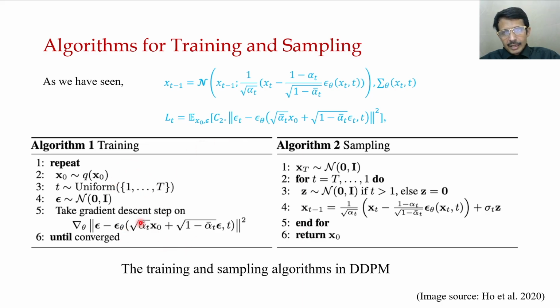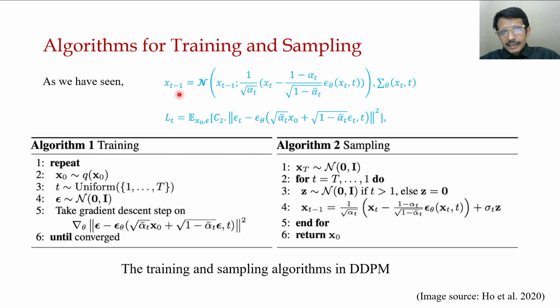This is the training. And what is the sampling? In sampling, xT is drawn from N of 0 comma I. Now this is the noisiest version. Then for t equal to T down to 1, reversing, and z is the Gaussian noise, z is N of 0 comma I if t is greater than 1, else z is equal to 0.